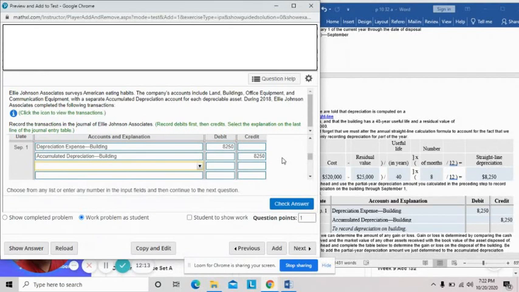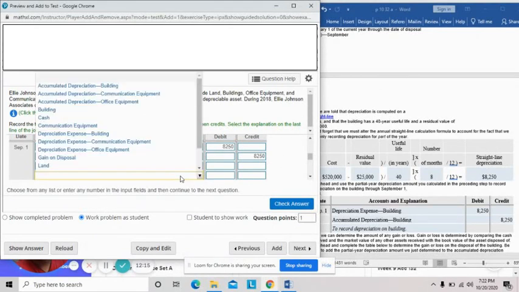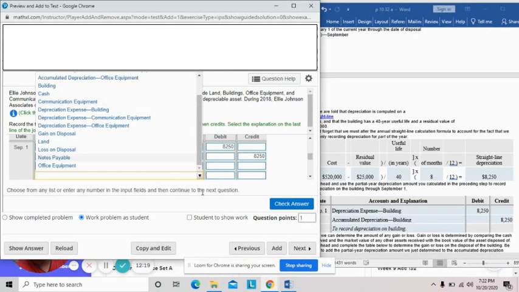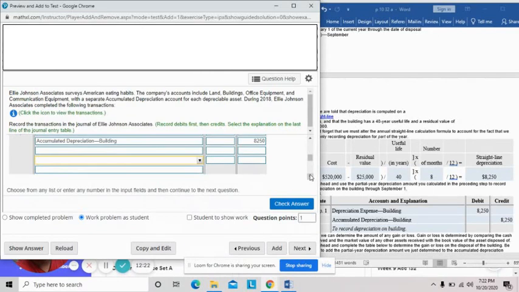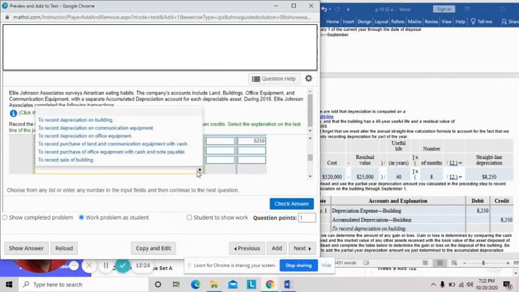The purpose of this journal entry, record depreciation on the building. Okay, that should be in the last line down here. Record depreciation on a building.